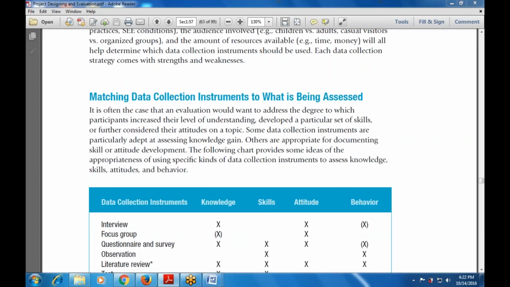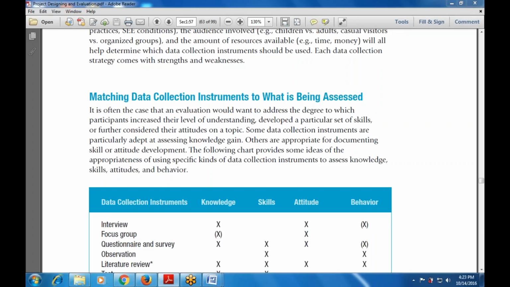Then next we have discussed matching the data collection instrument. That is, what are the various data collection instruments, how can we match them, what are the various strategies for matching the data collection instrument, and how are we assessing them. It is often the case that an evaluation would want to address the degree to which participants increase their level of understanding, develop a particular set of skills, or further consider their attitude on a topic.